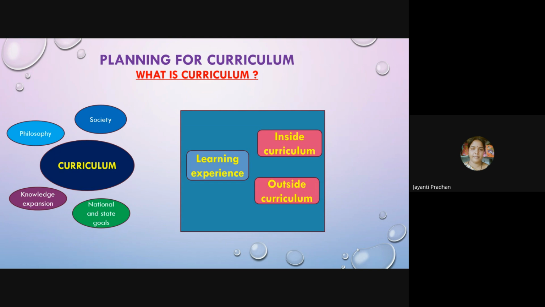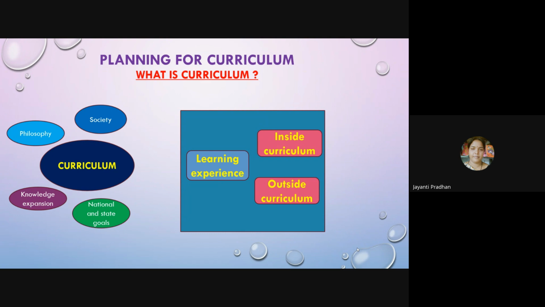It wants to strengthen the kind of education that was there during the time of Nalanda and Ujjain University. So now our national goal is to strengthen the education system that was there during the Nalanda and Ujjain time, because that time the education system was famous in the whole world.